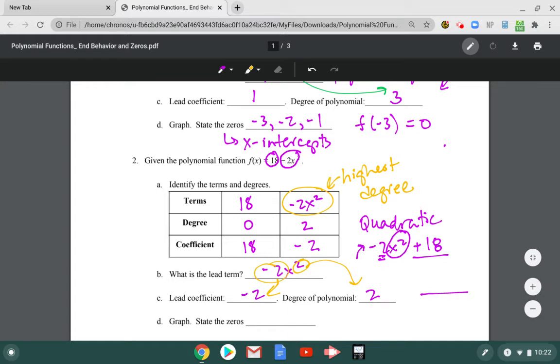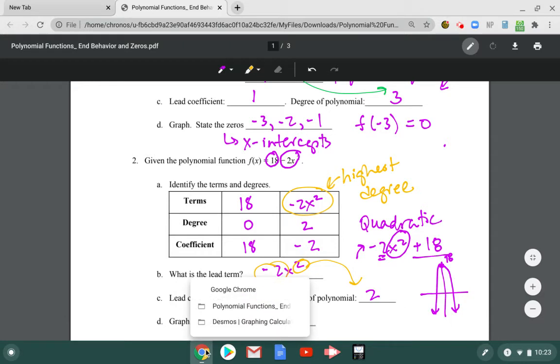So I can actually sketch it here, but I'm going to go ahead and put it in Desmos as well. It's going to be up here at 18. It's taller and reflected. So I get a lot of really nice information just from the lead term. The lead term had a negative, so it told me that it opened down, and it had a 2 on it, which meant that it was a taller looking parabola.